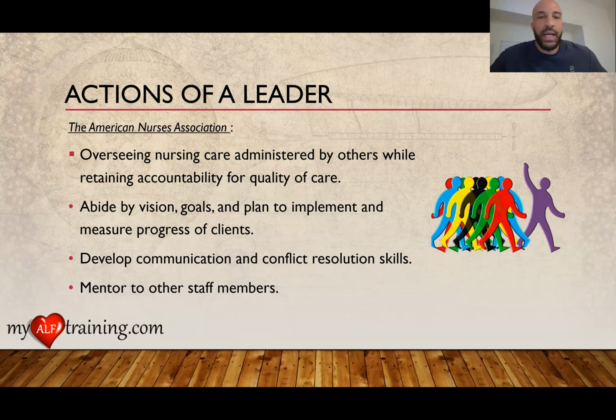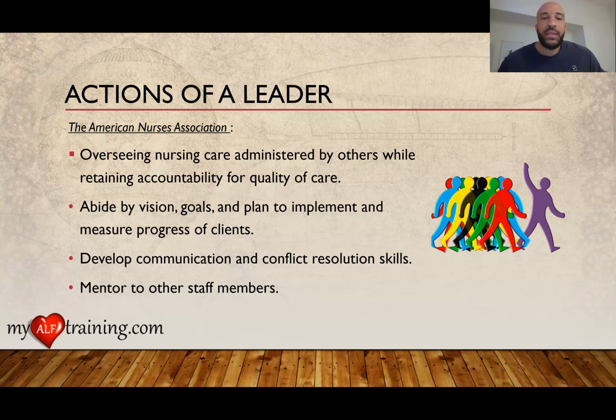So this sounds just like a statement, but if you actually stop and read it again and give it some thought, you'll see how profound it is: a leader oversees the care others provide, but still assumes accountability for that quality, because the leader understands that the quality of the care is influenced by their actions and the environment that they have set those nurses or healthcare providers in.